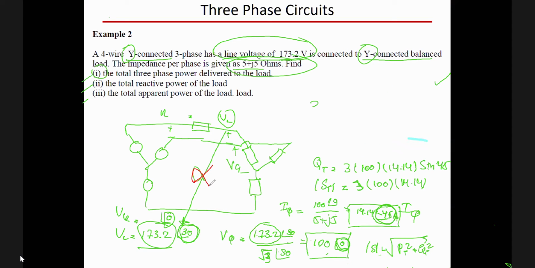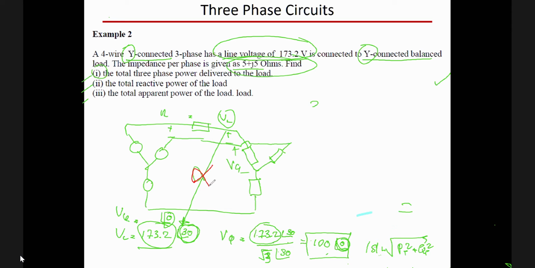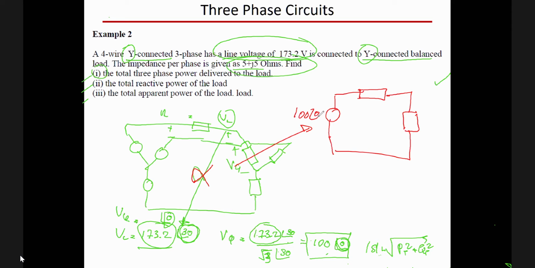So what you need to do, I'm just going to erase a few things here. You represent the system like this: phase voltage, impedance, and after that the load. This one will be 100 with angle 0, or angle minus 30, it doesn't matter. You have impedance for the transmission line, you have impedance for the load.